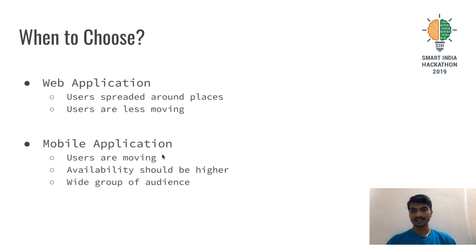For example, if my users are going to be spread across the globe, and they are going to be comparatively less mobile, and they are going to have access to any kind of internet, maybe through desktop or laptop or mobile, then in that case it is better to create a web application.